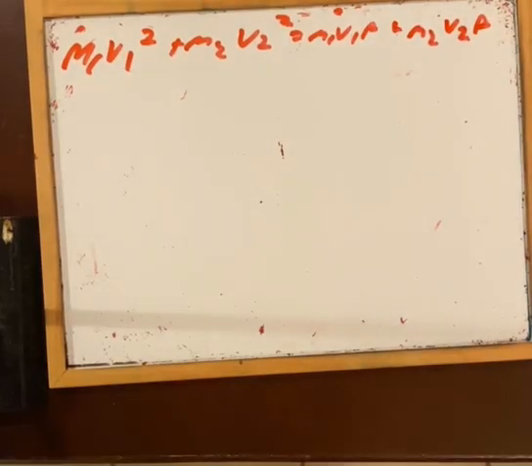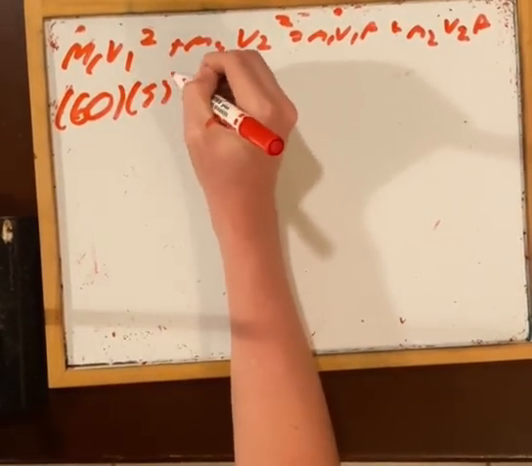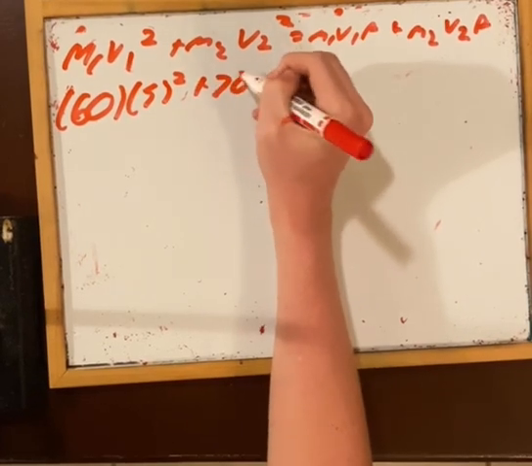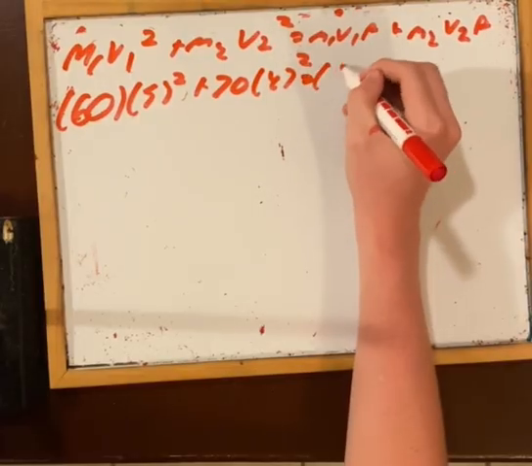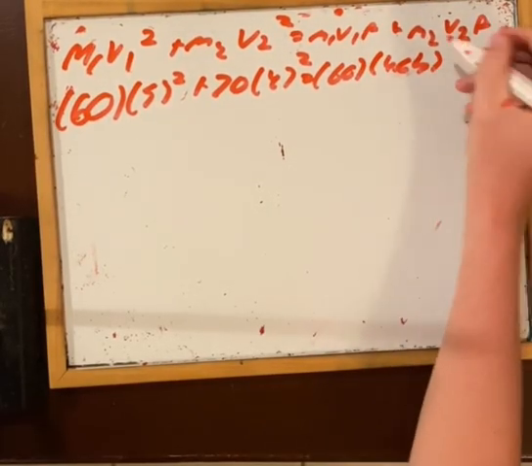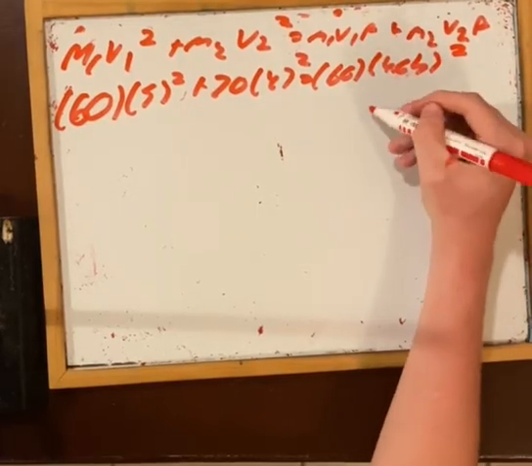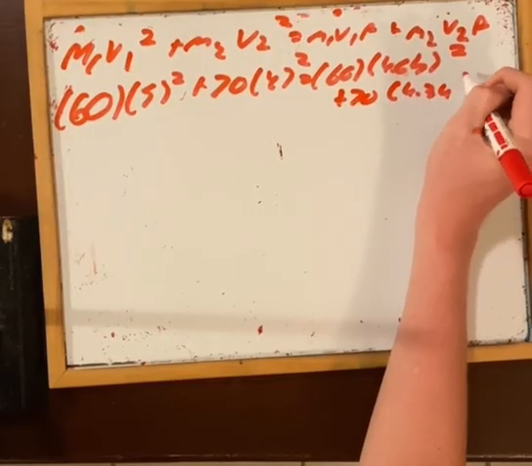Now with the numbers we were given in the scenario and with our final direction, we can start substituting. 60 times 7 plus 70 times 4 squared equals 60 times 4.64 squared, and right down here because I'm running out of space, plus 70 times 4.34 squared.